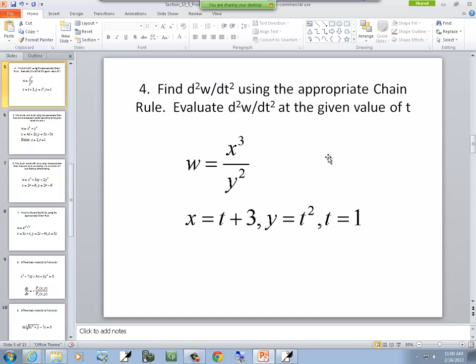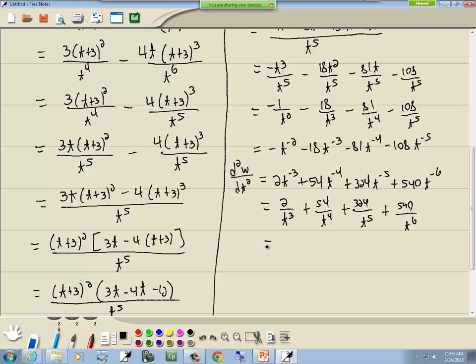Yeah, it does say to find the second derivative, so let's go ahead and merge these together. And you get a common denominator. The largest power is what we want to go with, so we want t to the 6. So let's multiply the bottom part by t to the third, so multiply the top part by t to the third. Here, multiply the bottom part by t squared, so multiply the top part by t squared.